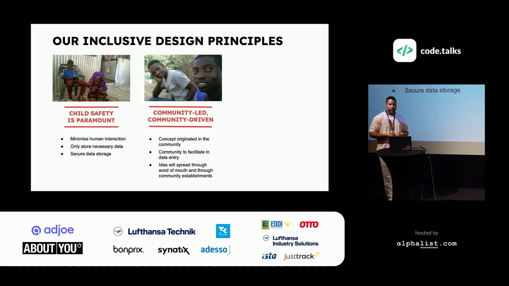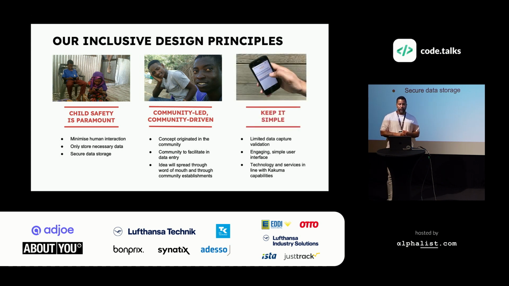Concept originated in the community to facilitate the data entry, and the idea will spread through word of mouth and through community establishments. And the last big principle was this one, keep it simple. Limited data capture validation, engaging simple user interface, technology and services in line with Kakuma capabilities.